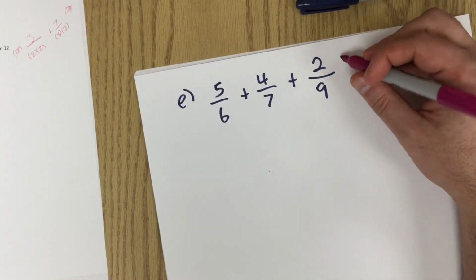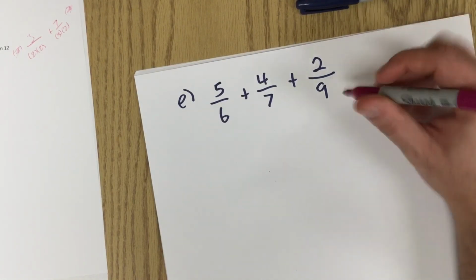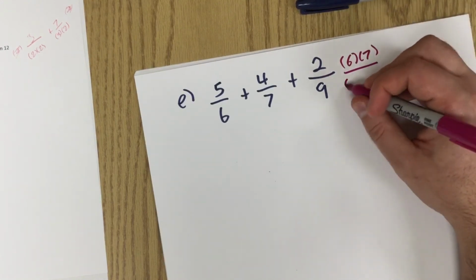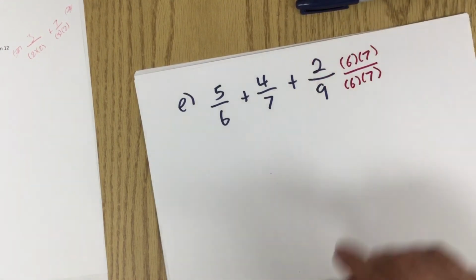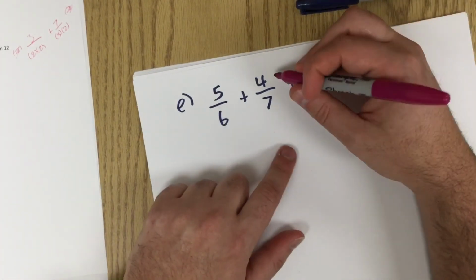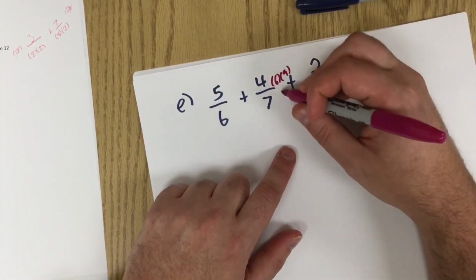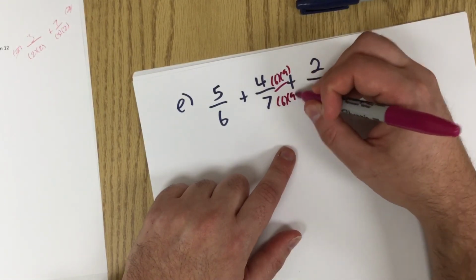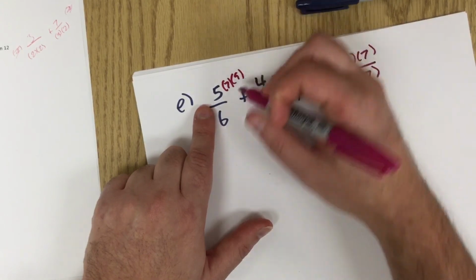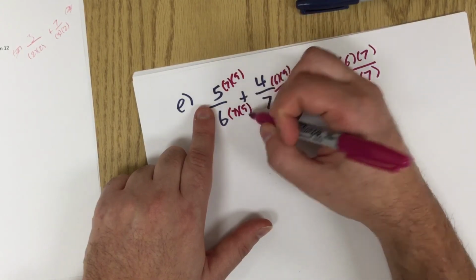So we're going to multiply this by 6 and 7 over 6 and 7. And we're going to multiply it by 6 and 9 over 6 and 9. And we're going to be multiplying it by, we need a 7 and 9 here, 7 and 9 over 7 and 9.